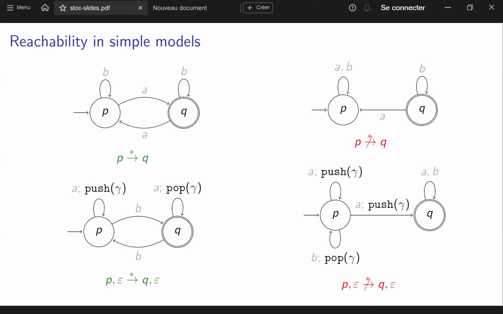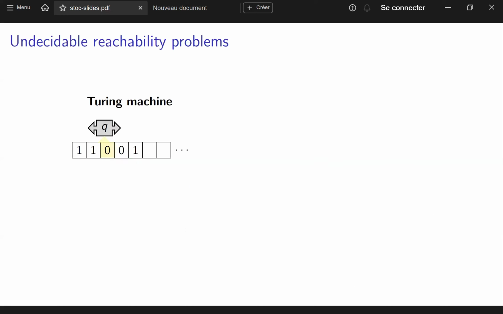So these are examples of simple reachability problems, but there are also undecidable ones. The halting problem for Turing machines can also be seen as a reachability problem. Typically, the Turing machine has two designated control states, yes and no, and the halting problem asks whether one of these states is reachable given some finite initial input on the tape.